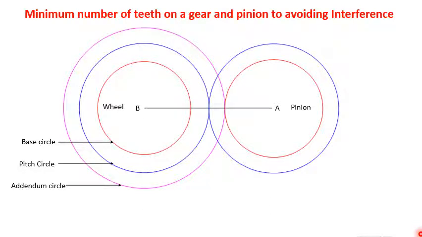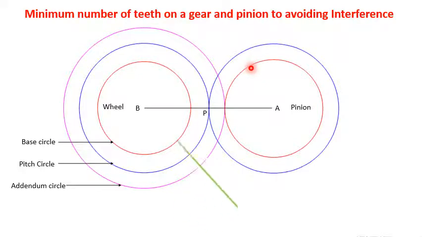Join A and B. A represents the center of the pinion, B represents the center of the wheel. Here P represents the pitch point, the intersection of the two pitch circles. The pitch circle of the wheel intersects with the pitch circle of the pinion.